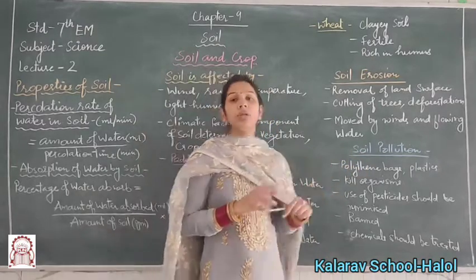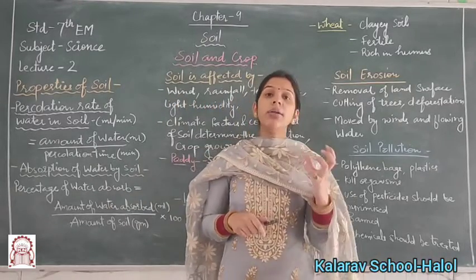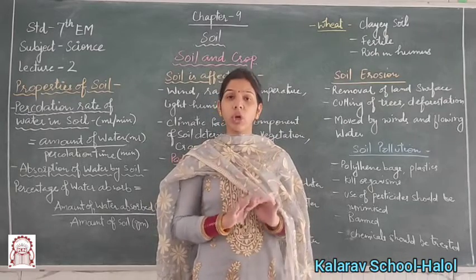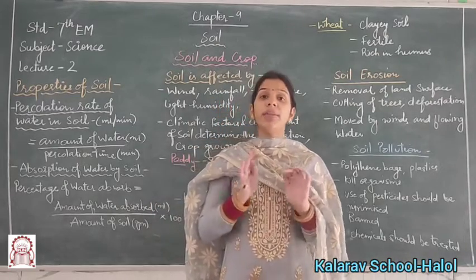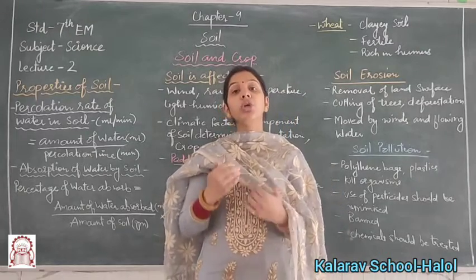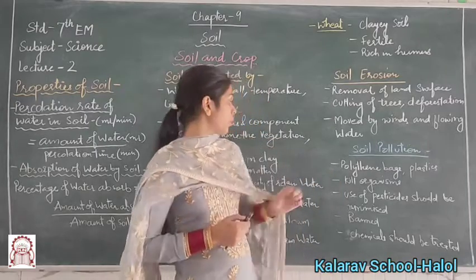Next is soil pollution. Soil pollution is mainly unwanted substances present on the surface of the soil or in the soil which affect its fertility and nutrients. These are the soil pollutants and this phenomenon is soil pollution.